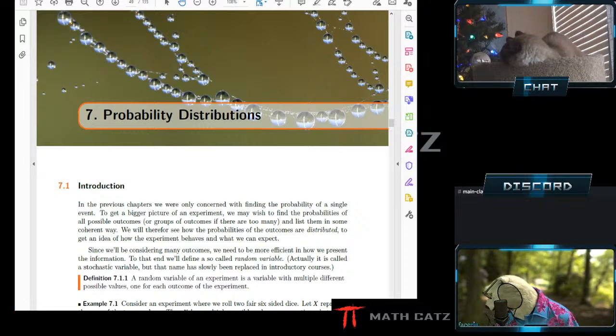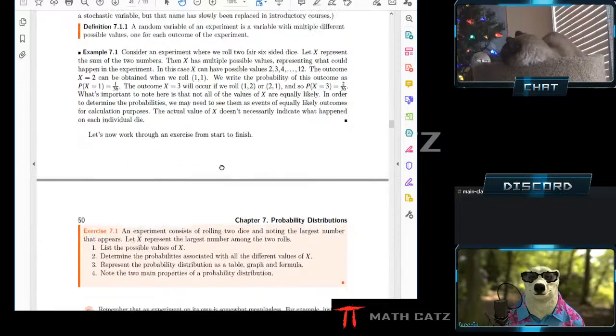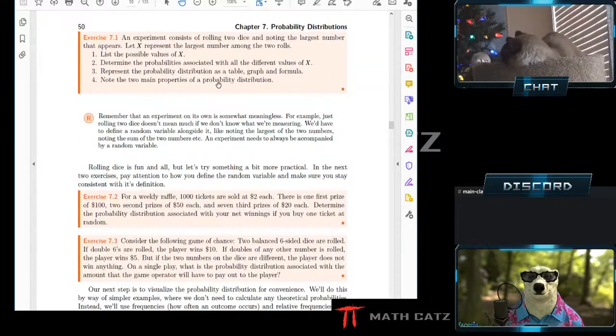So what I want to do, actually, I'm just going to save time this time and introduce everything by way of exercise 7.1, rather than introducing it and then changing things up with 7.1. Let's just do 7.1. It'll be the same.